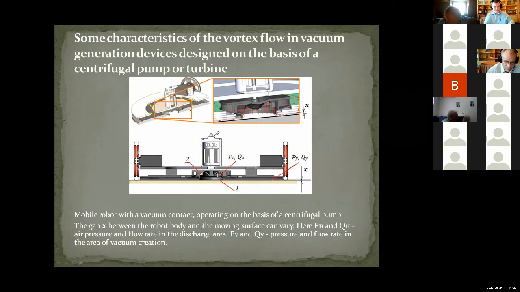The gap X between the robot body and the motion surface may vary. The vacuum contact device includes a pump and a robot body, the base of which forms an alternating pneumatic resistance with the movement surface. The flow through it depends on the gap X and is absent when X is close to 0.